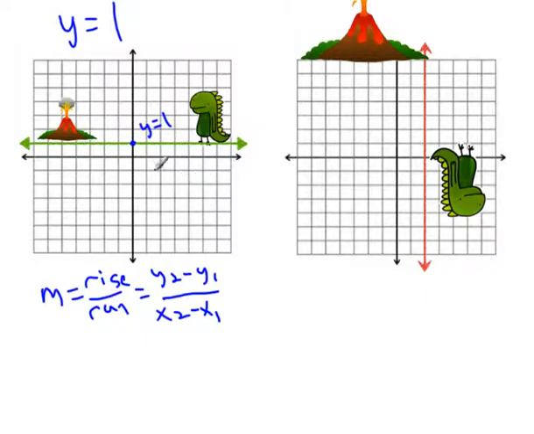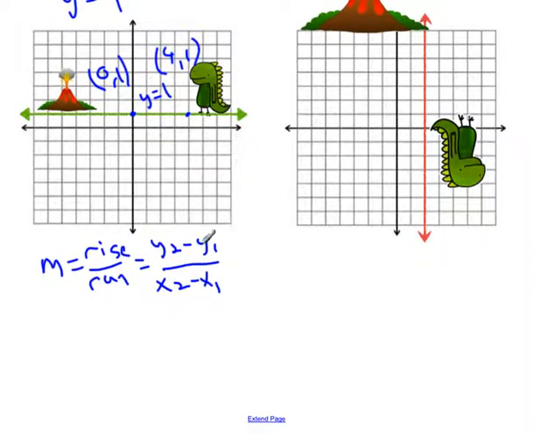So let's pick two different points on this line. We've already got 1, and so that first point is at the point 0, 1. And our other point is, well, let's just pick one. Let's pick this one out here. That is at the point 1, 2, 3, 4, and up 1. So 4, 1. Actually, let me write that down here where it's a little more clear where we can see it.